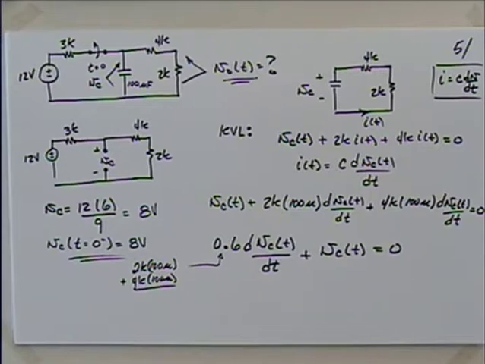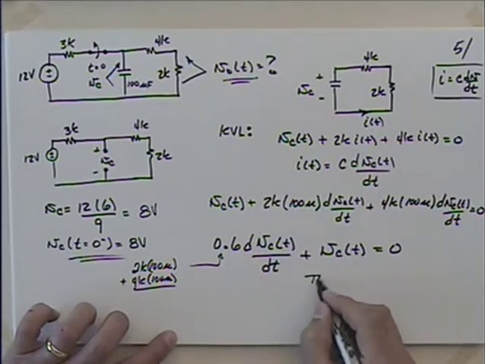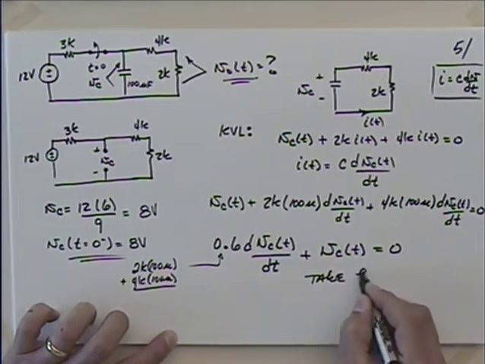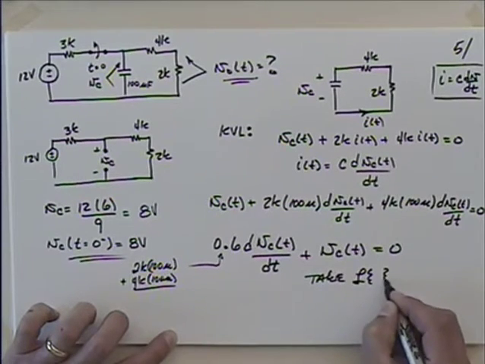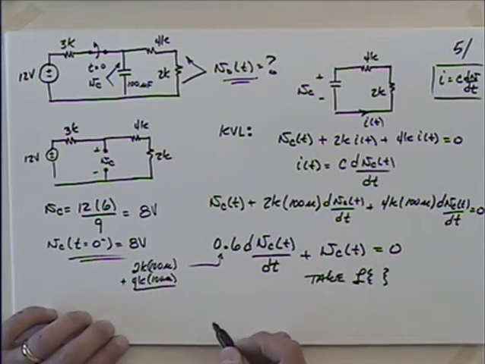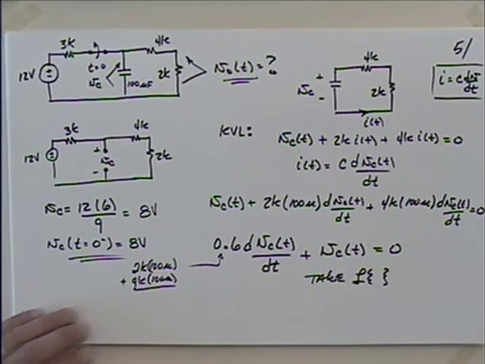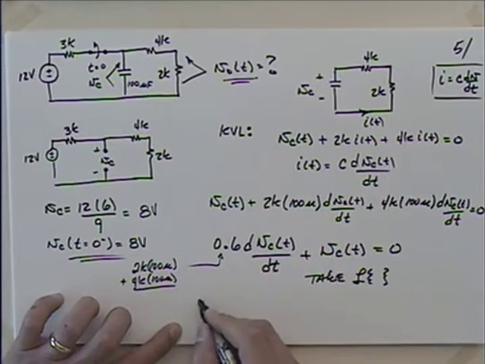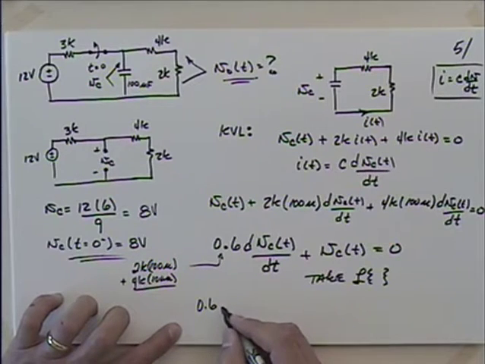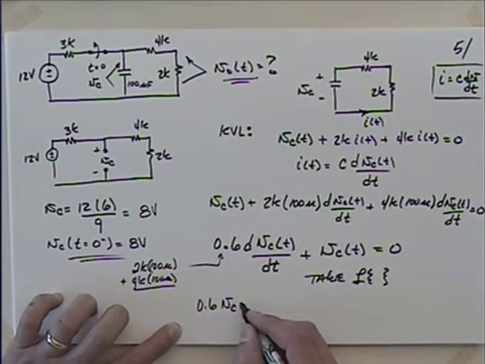So I'm going to use the Laplace transform. If I take the Laplace transform of this, how do we treat differentiation? This is going to end up as 0.6 times v sub c now in the s domain.